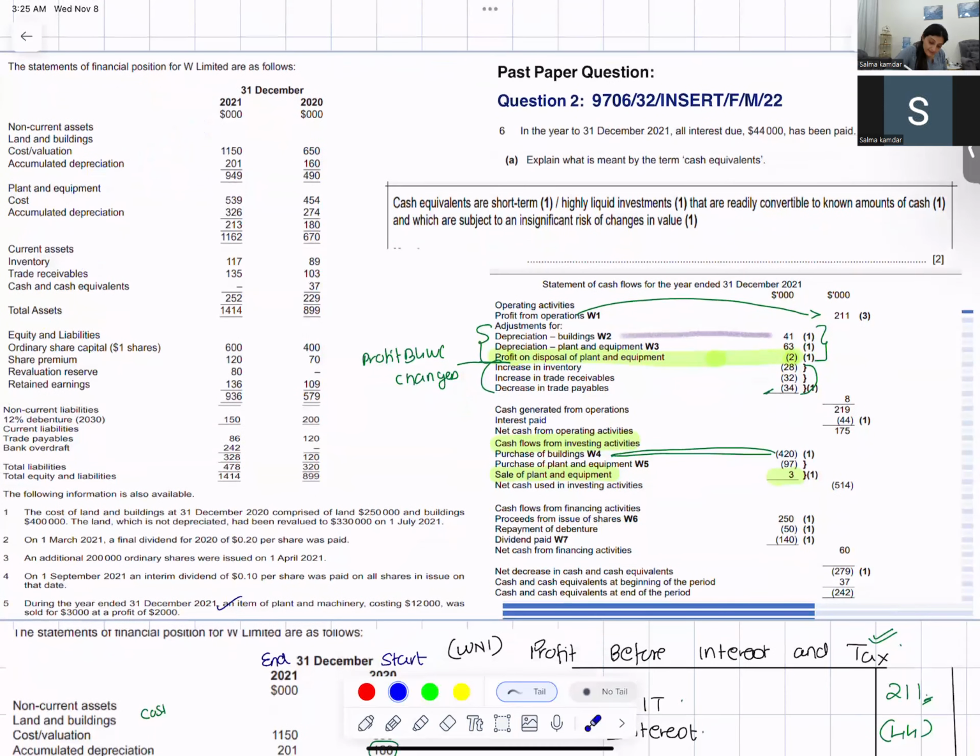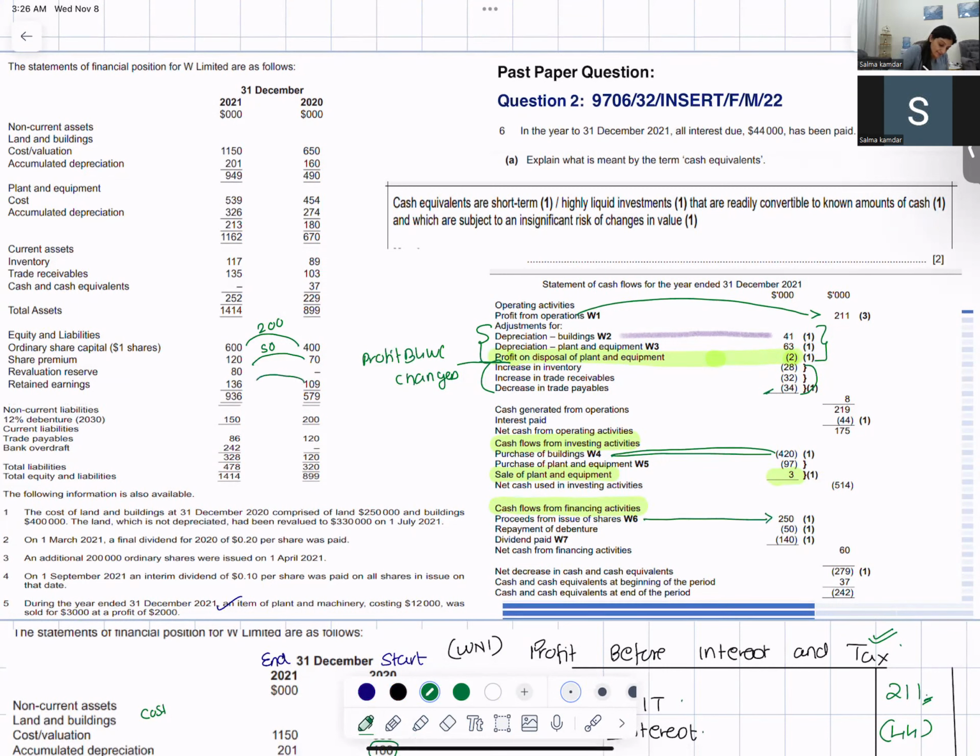We also wrote our cash flow from investing activities, the share capital that was there, financing activities. In financing activities, we had our proceeds from the issue of share that we calculated, 200 over here and 50 over here. It is an increase. So proceeds from issue of share is 250,000.